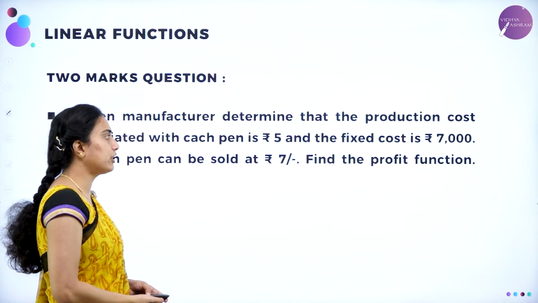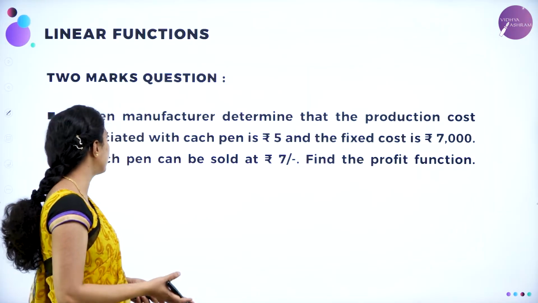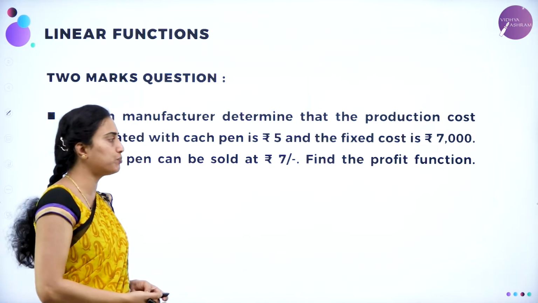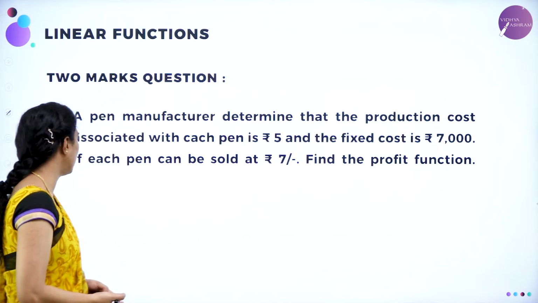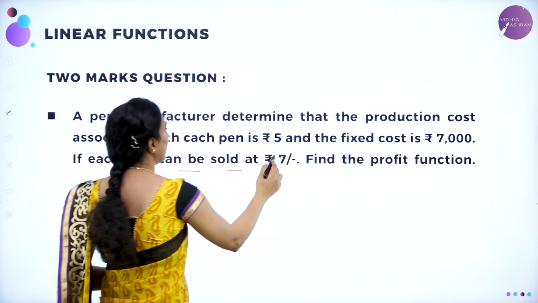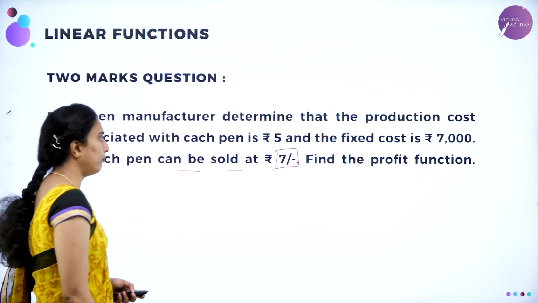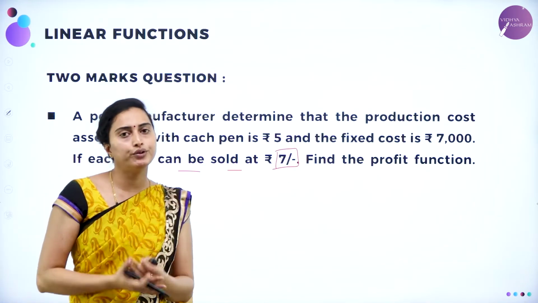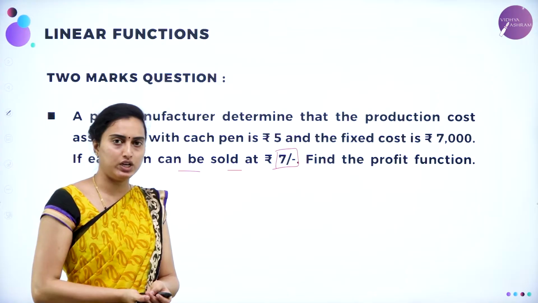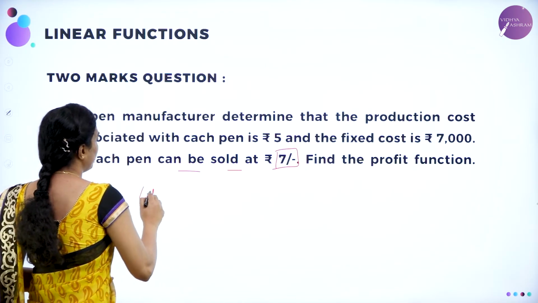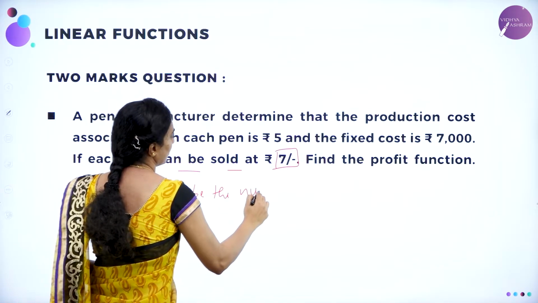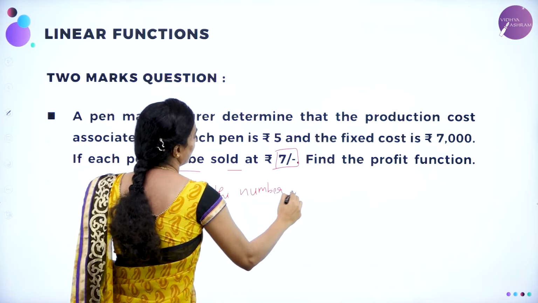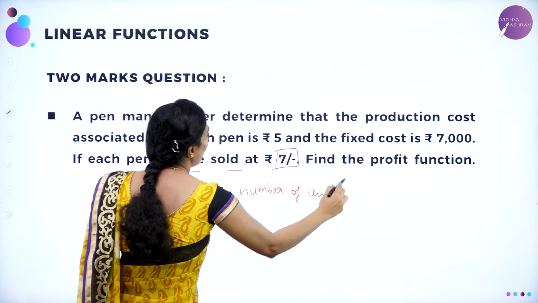A pen manufacturer determined that the production cost associated with each pen is rupees 5 and the fixed cost is rupees 7,000. If each pen can be sold at rupees 7, find the profit function. Let X be the number of units of a product.